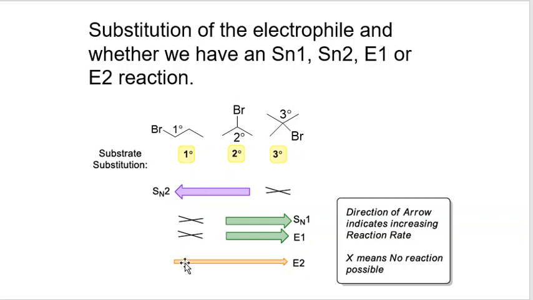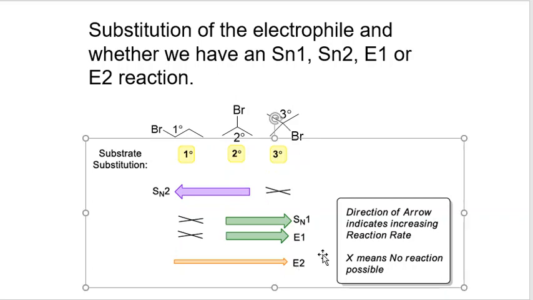Depending on the circumstances, it's possible to have E2, but really you have to have a poor nucleophile to make that happen. SN2, if you have primary or methyl, is usually what we see. SN2 cannot happen if you have a tertiary substrate, but all of the other reactions, SN1, E1, and E2, can occur.